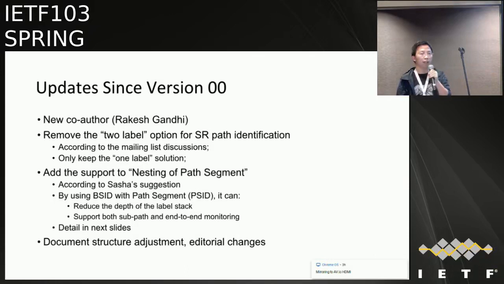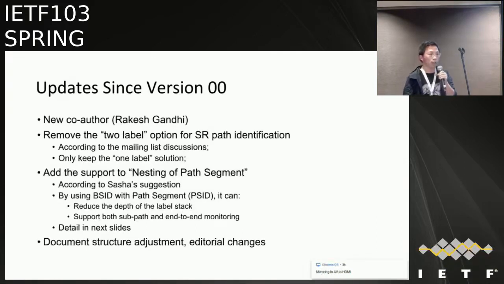At the very beginning, we proposed two options for path identification. Considering that the major use cases for this path segment are, for example, performance measurement and bidirectional correlation, most of this should be done in the egress node. So we think it is suitable to use the one label solution, where the label is assigned by the egress.